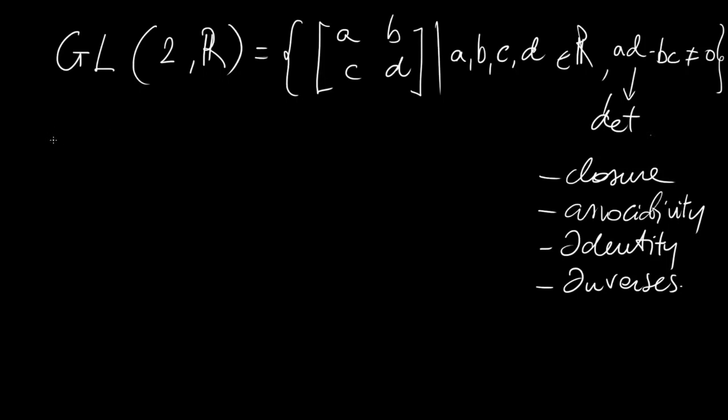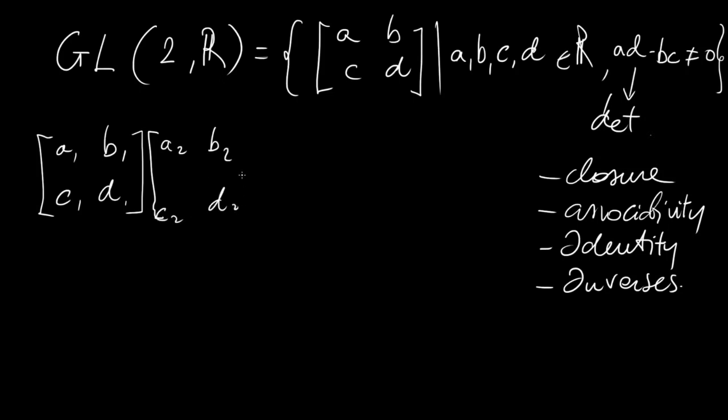Closure. So the operation, let's say the matrix a1, b1, c1, d1 times a2, b2, c2, d2 is equal to, okay, we have a1 a2 plus b1 c2.